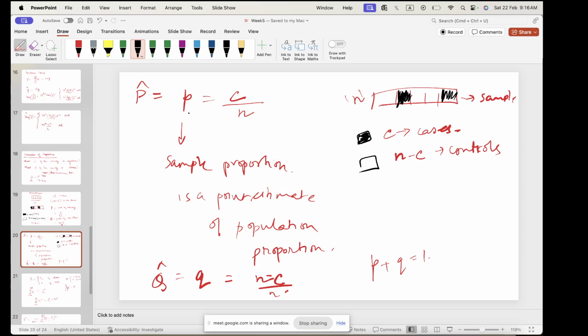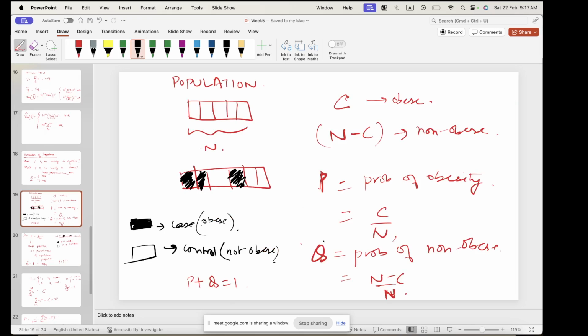Consequently, small q, the proportion of non-obese persons in our sample, that is small n minus c by small n, would be an estimate of the population proportion of non-obese people. So in both cases, these proportions add up to 1.